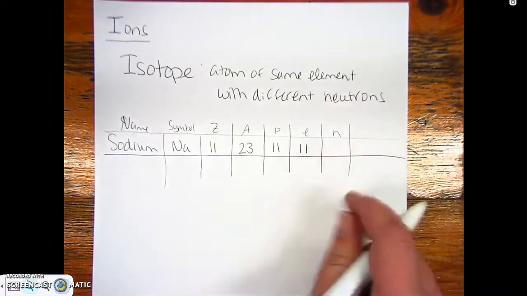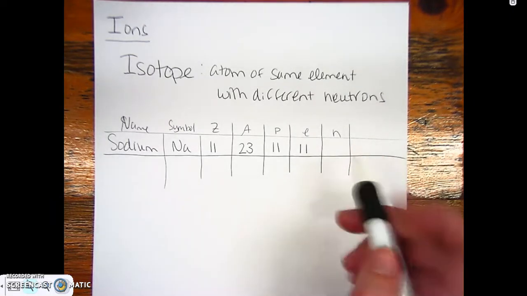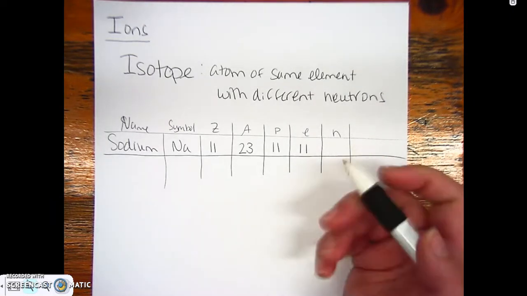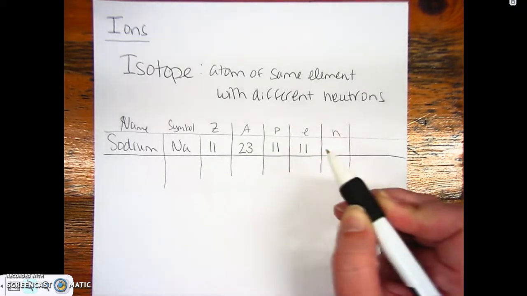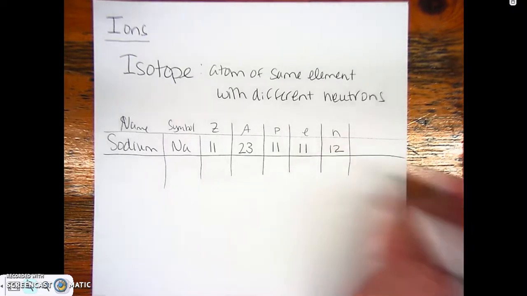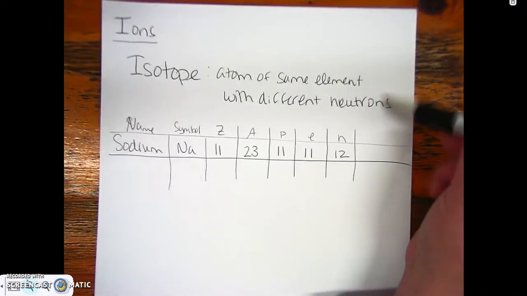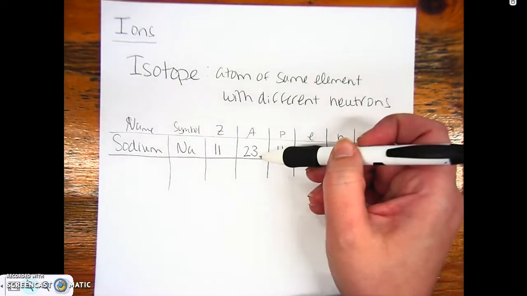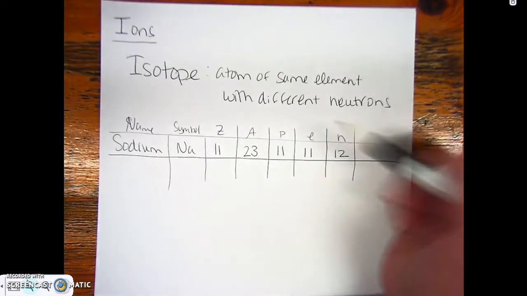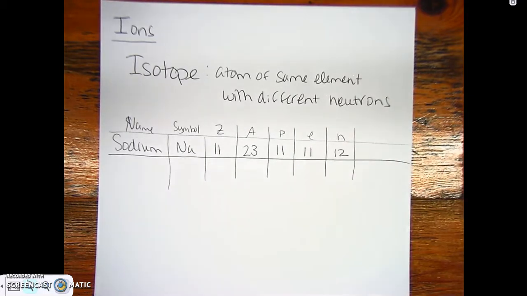So we had 11 protons, 11 electrons. To get the number of neutrons, we used our mass: protons and neutrons together would equal 23. Maybe we had an isotope of sodium with a mass of 22, and then it only had 11 neutrons, but the protons and electrons stayed the same.